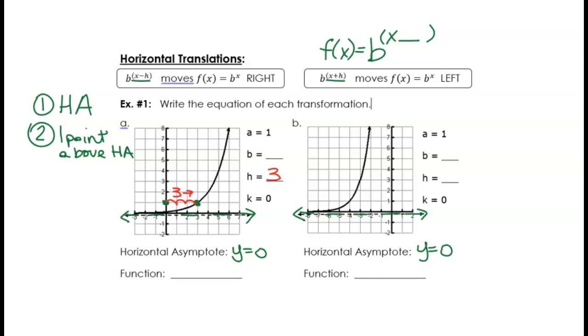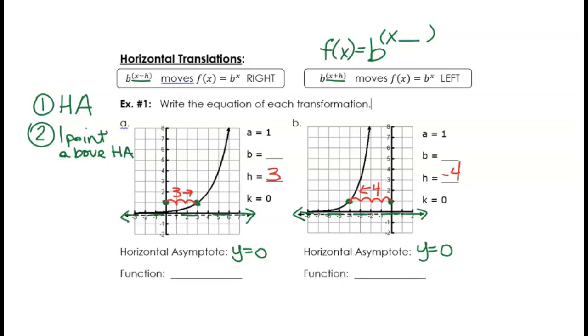So can I get a volunteer to tell me where that point is? -4, 1. You bet. -4, 1. And it was here on the parent function, but it's now been shifted to the what? To the left. How many times? 4 times. So if it's gone to the left 4, what is my h value? -4.